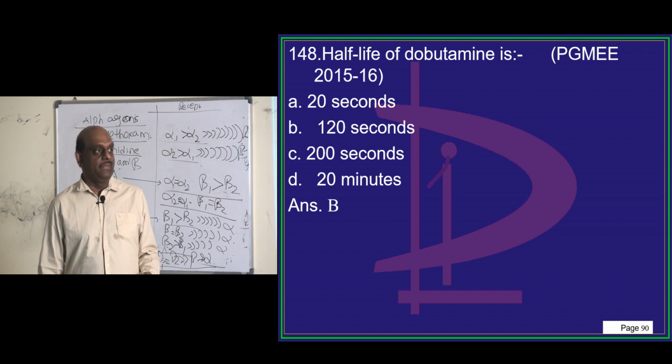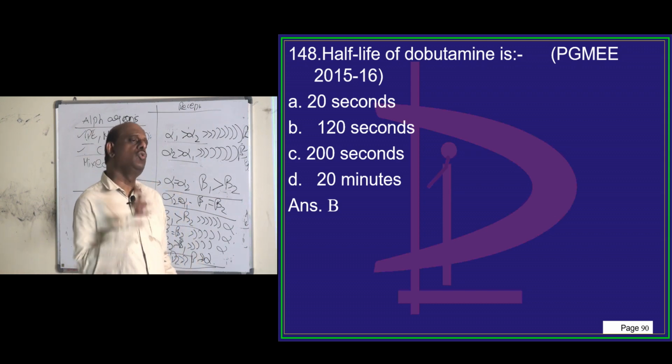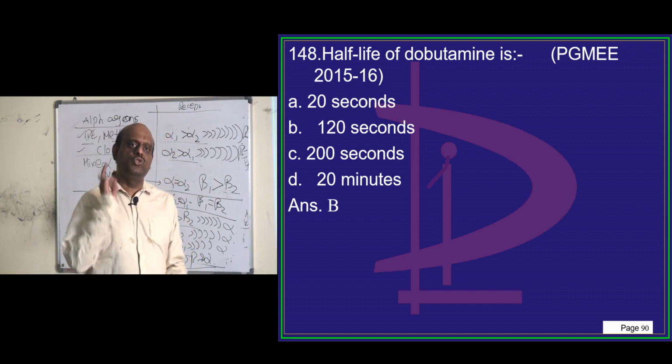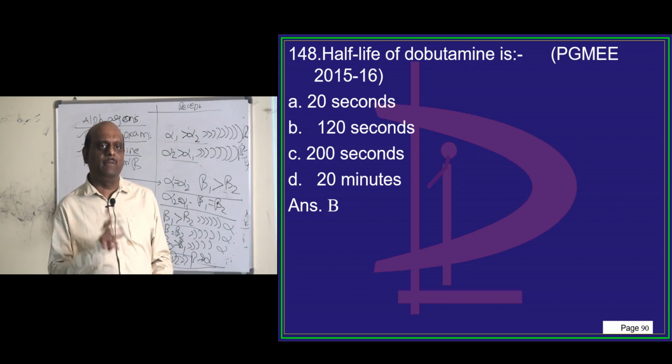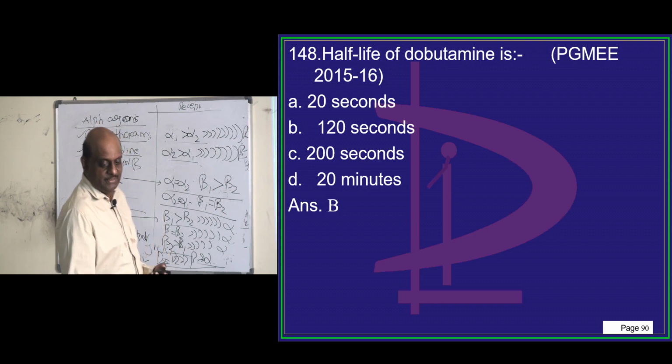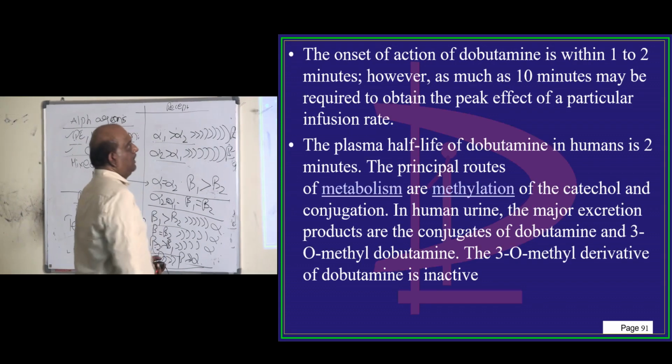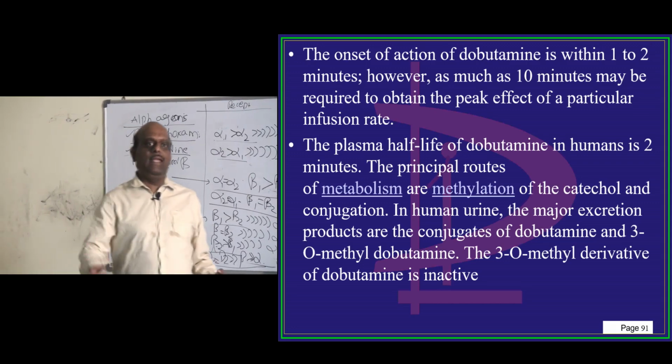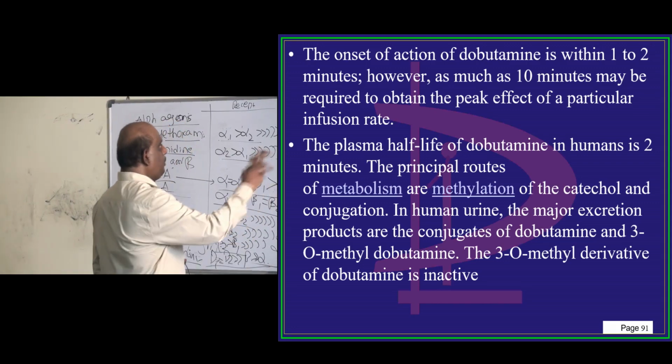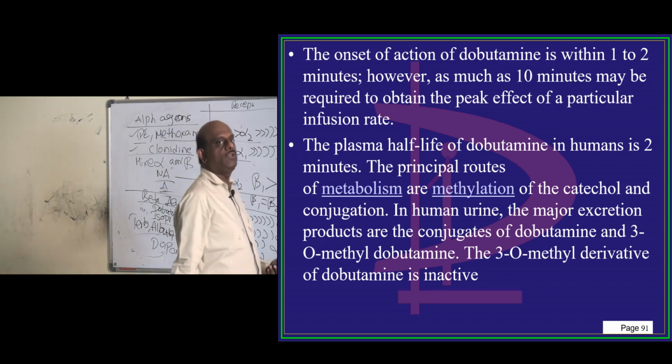If it were not for the dopamine stress echo, the patient would die in 2 minutes, so you are not going to forget the 2 minute half-life of dopamine. The onset of action of dopamine is within 1 to 2 minutes, which is what you need to remember.